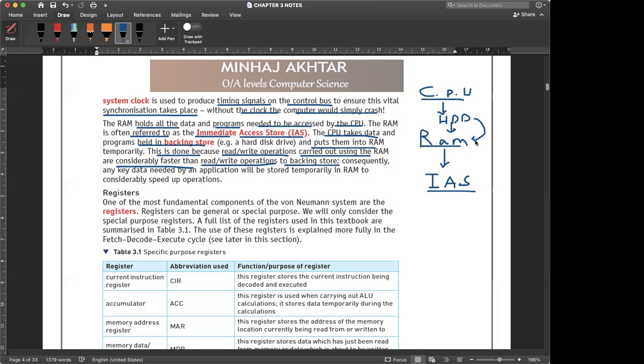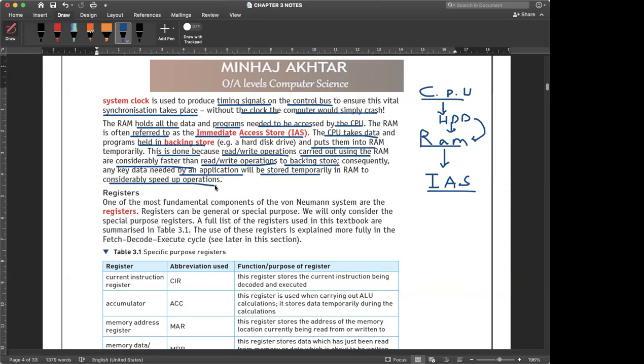That is the reason the programs are taken from the computer hard drive into the RAM for processing. Why? Because RAM is faster. Consequently, any key data needed by an application is stored temporarily in RAM to considerably speed up operations.